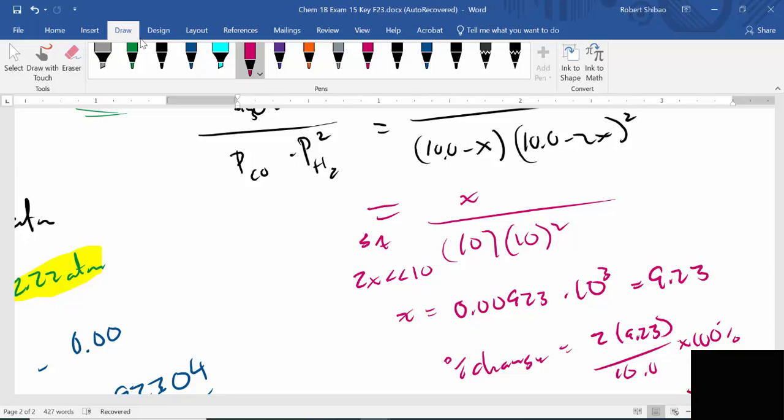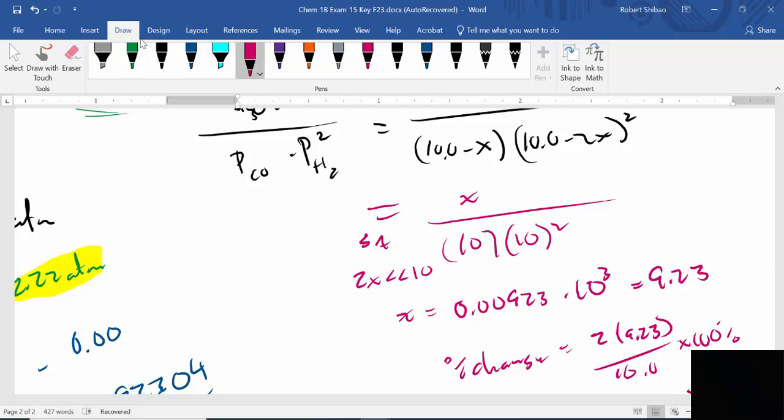And so the simplifying assumption is saying the bigger change is smaller than the initial. And therefore, the smaller change is going to be valid as well, smaller than the initial here. So 10 minus x simplifies to 10, 10 minus 2x simplifies to 10. And then solve this for x.